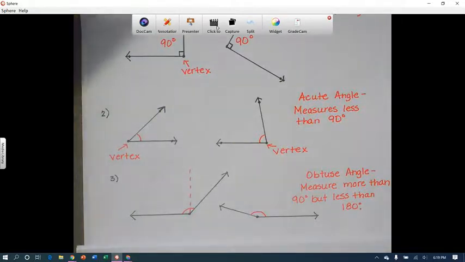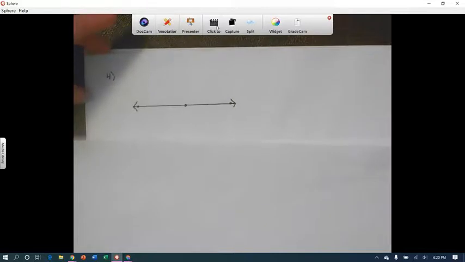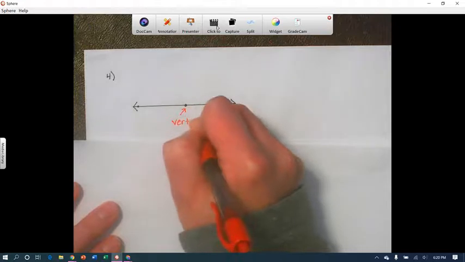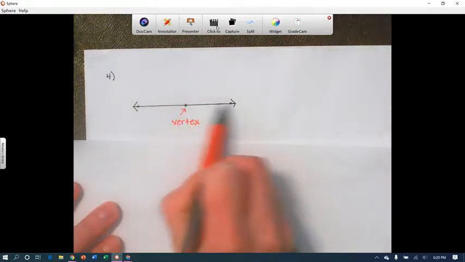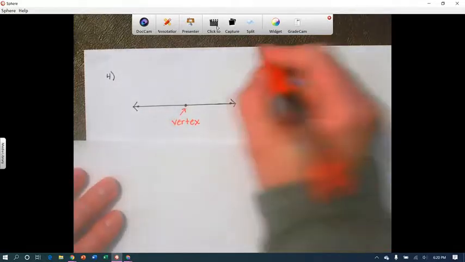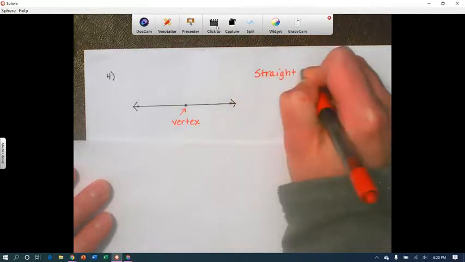And our last type of angle, so far we've talked about right angles, acute angles, and obtuse angles. And our last type of angle now looks like this. And this is a straight line. Here's our vertex. And here's one ray. Here's the second ray. And so that creates a straight line. And so this is a straight angle.